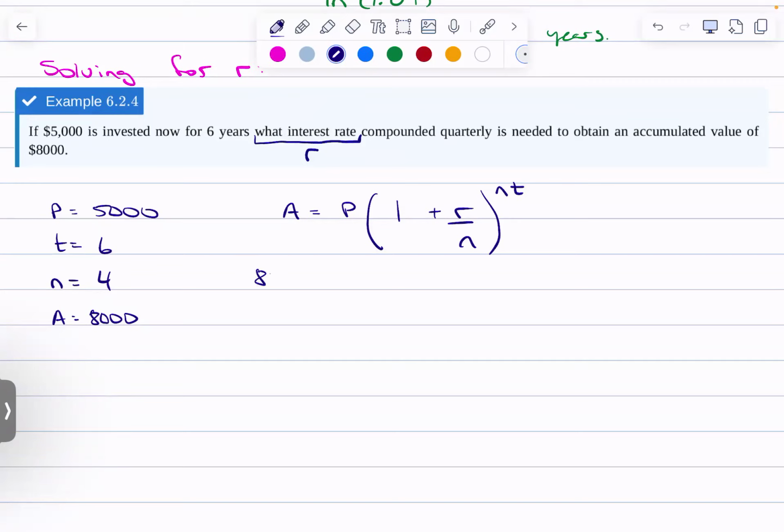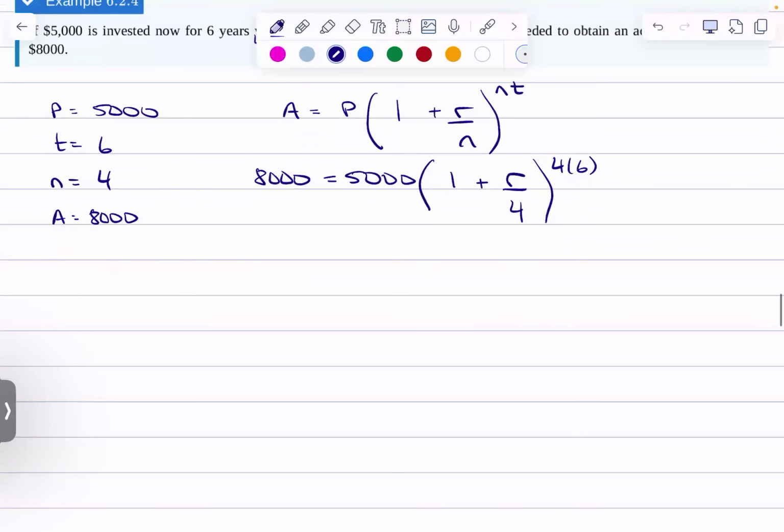I've got 8,000 is equal to 5,000 times (1 plus r over n) to the power of n times t. That's the r I'm solving for. n is 4, and 4 times 6 is still 24.